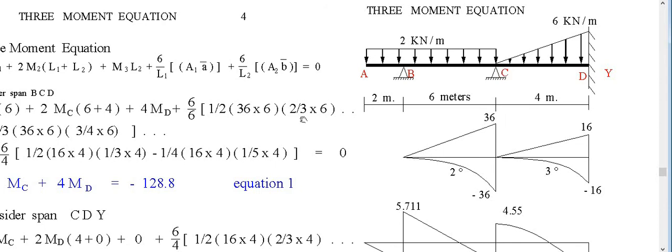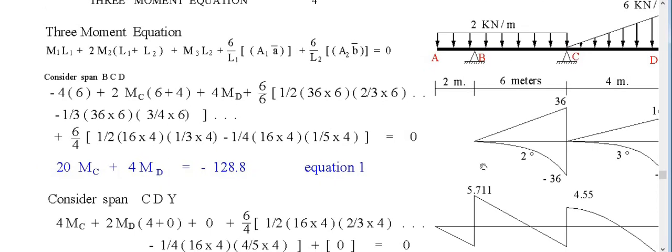The origin of the distance for the left moment by parts must be on the left. Now the lower portion, negative second degree, 1/3 times 36 by 6, times the distance of 3/4 of 6.